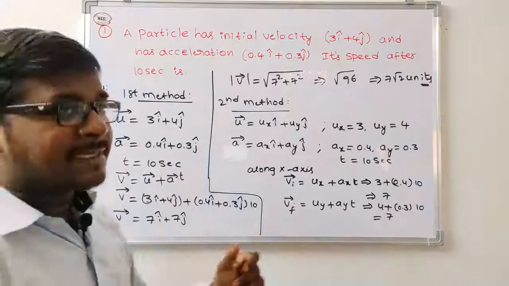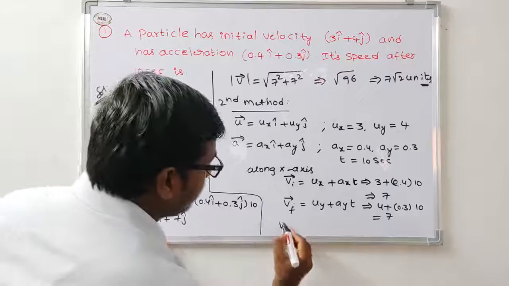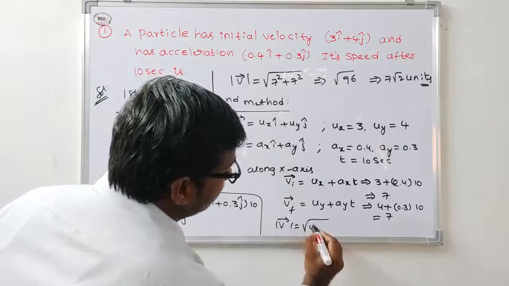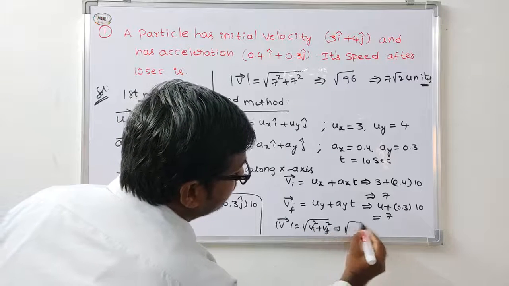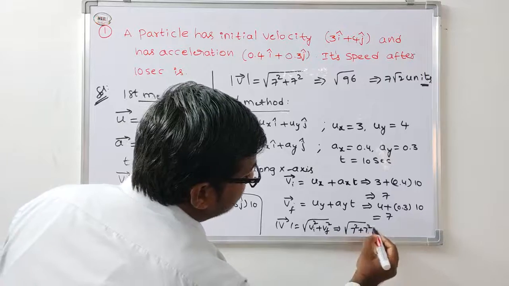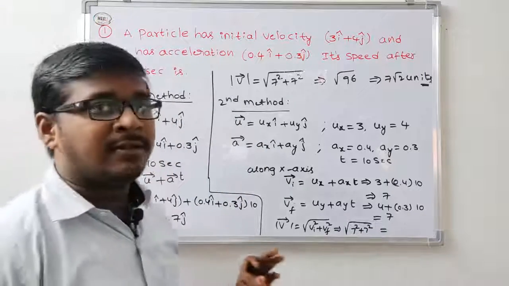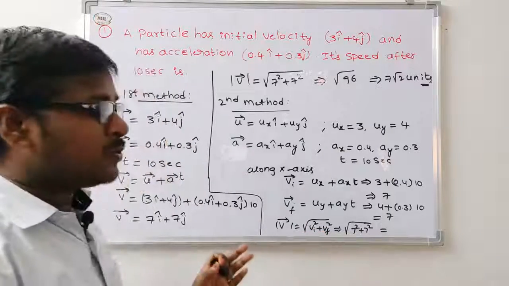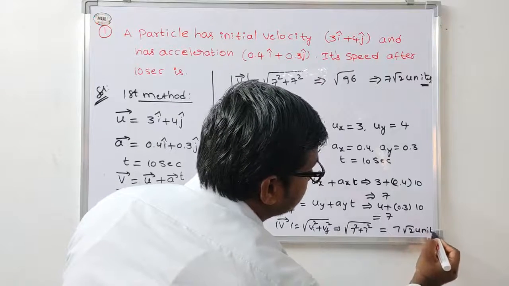Okay, the net resultant velocity v bar is equal to the square root of vx square plus vy square, that is 7 square plus 7 square, that is 49 plus 49, 98. 98 is written as 49 twos, that is 7 root 2 units.